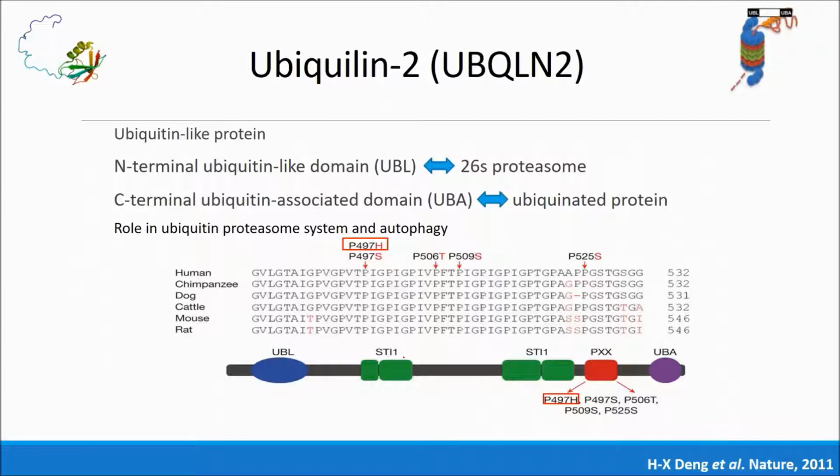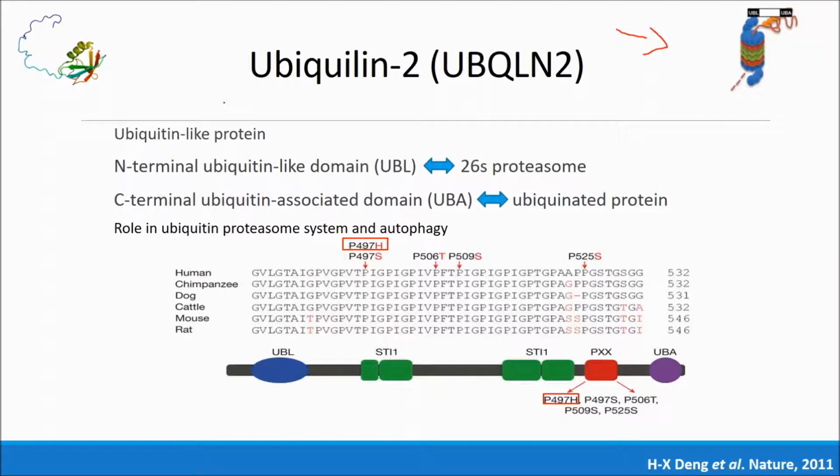So what is Ubiquilin-2 exactly? Ubiquilin-2 is a ubiquitin-like protein which is implicated in the degradation of proteins. So when you have too much protein or too much toxic protein in a cell, a mechanism has to be used to clear it. One of them is the proteasome pathway, and Ubiquilin-2 makes the link between the protein that has to be degraded and the proteasome pathway.